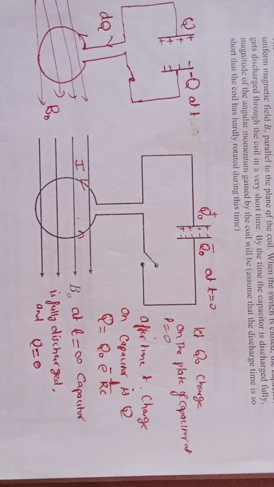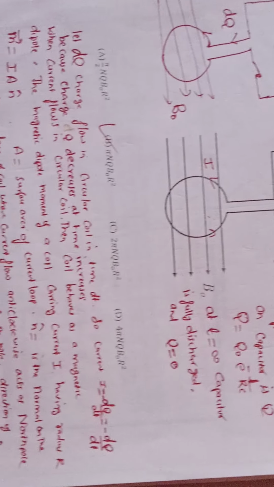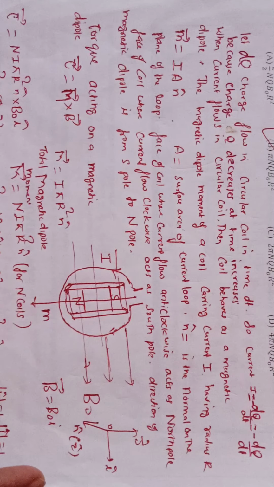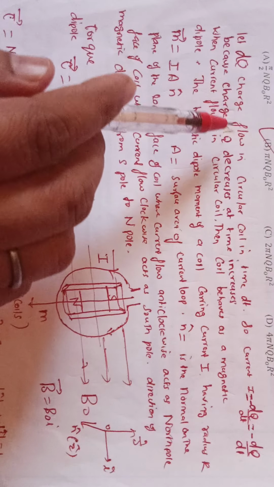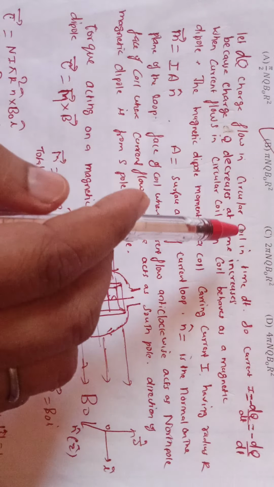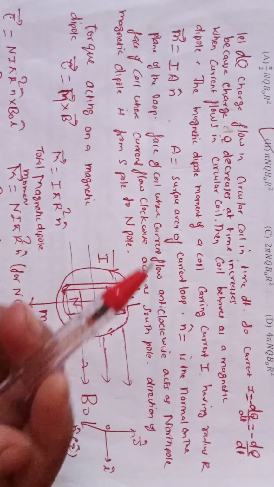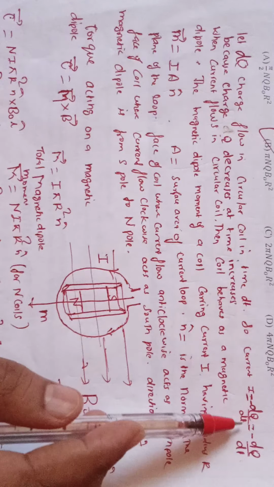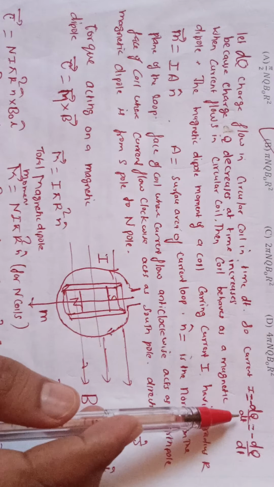So we try to solve this. Let dq charge flow in the circular coil in time dt. Then the current is I equal to minus dq by dt, the change in charge with respect to time.